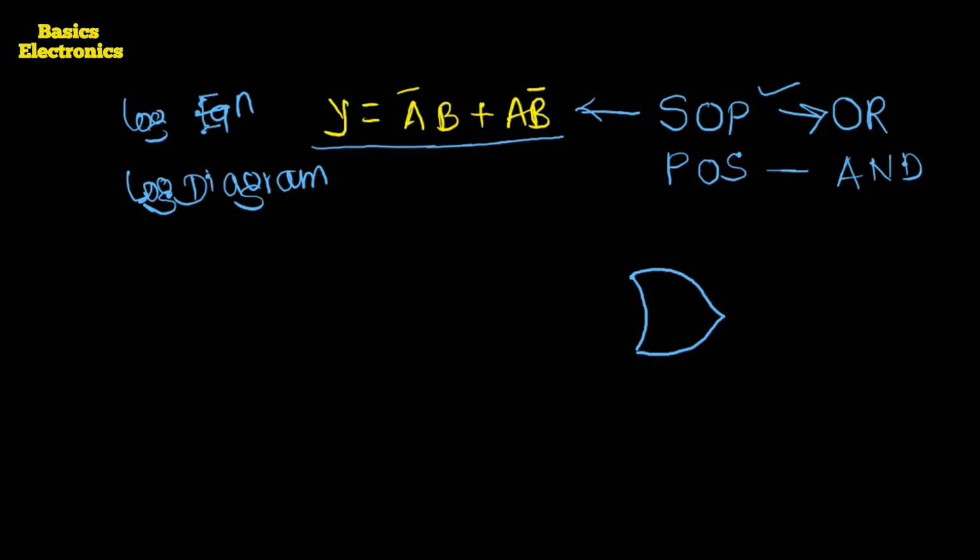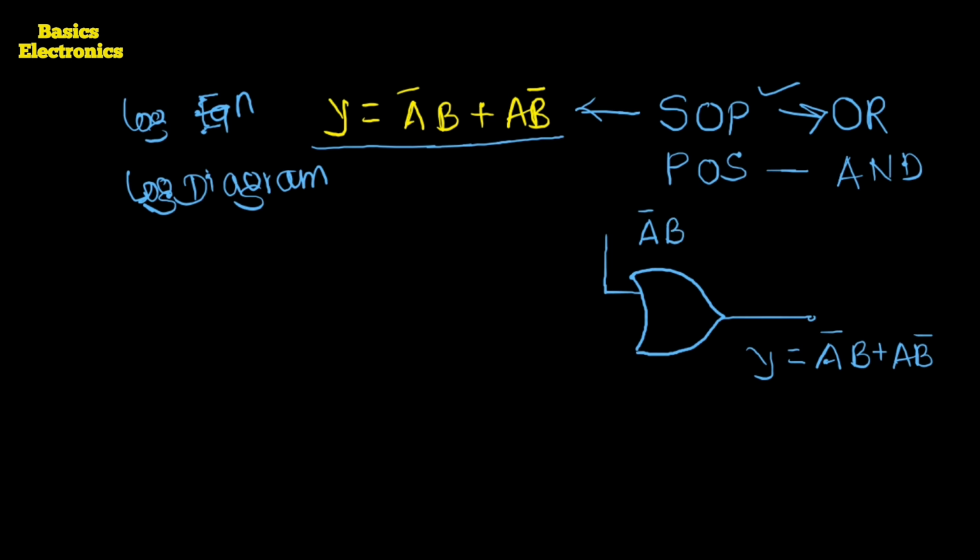The output of this OR gate is Y equals A bar B plus A B bar. It means the first input for this OR gate is A bar B.